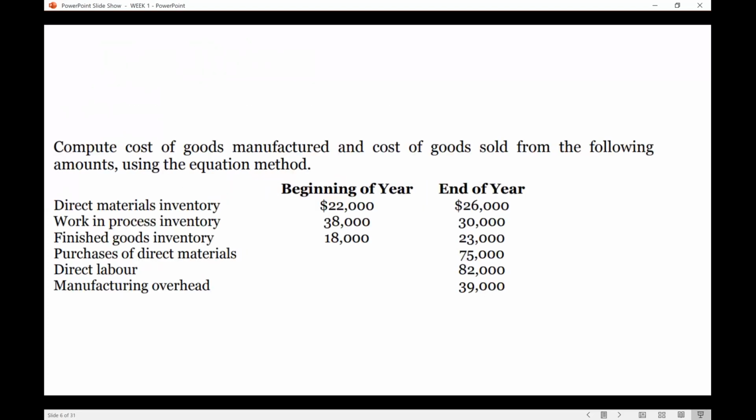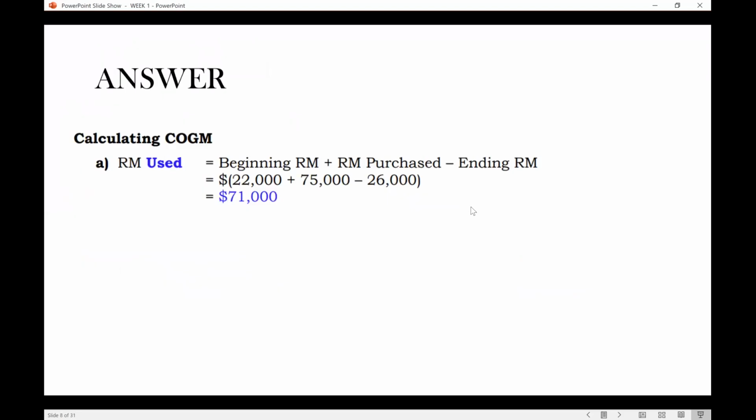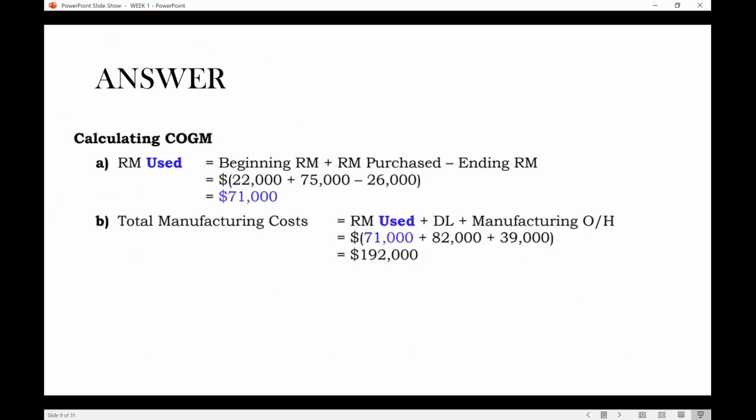So we go back to our question: beginning raw materials or direct materials inventory, plus the purchases, minus the ending. And that's what we have there, and our raw materials used is $71,000.